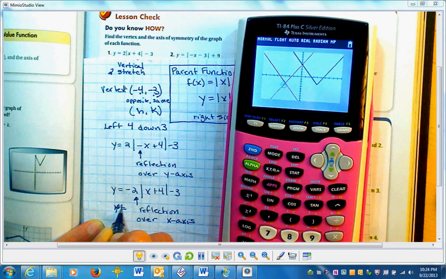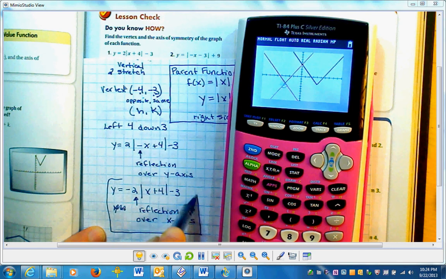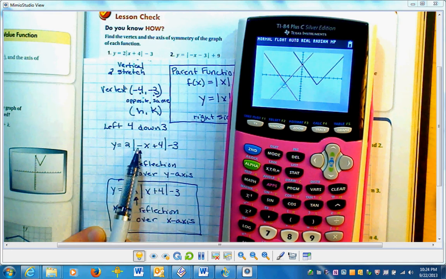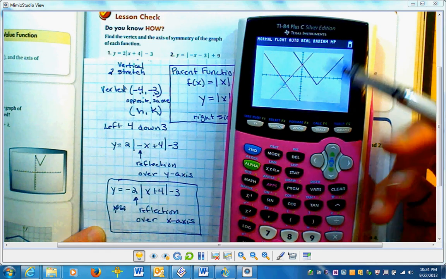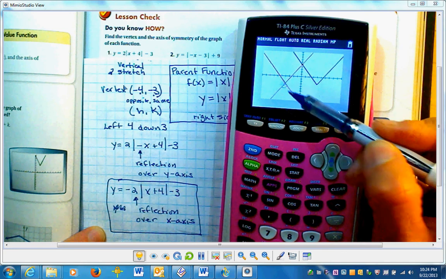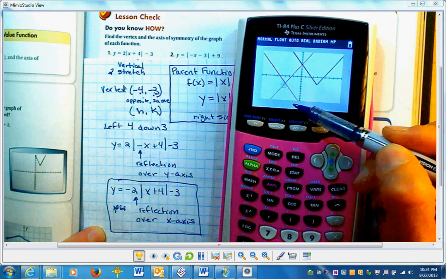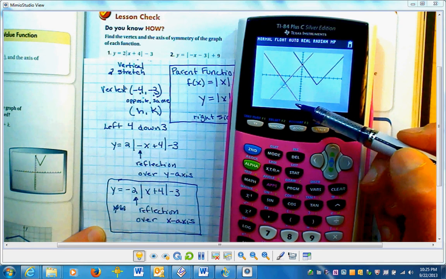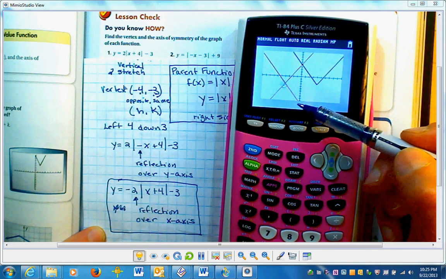Little tricky, okay? This one here you'll see a lot more of in Algebra 2. Every once in a while you might see it being reflected over the y-axis, but for the most part you just really need to make certain that you understand when it's reflected over the x-axis. It basically means the function's been turned upside down.